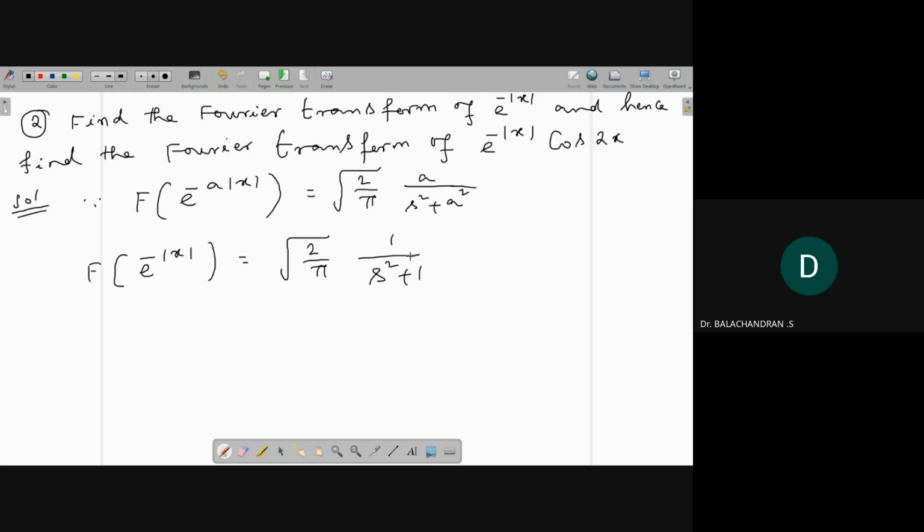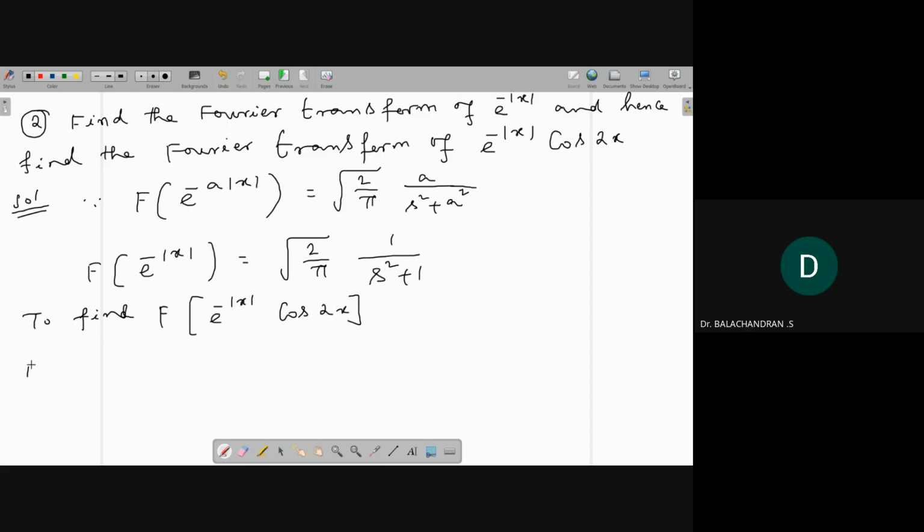Now we should find the Fourier transform of e power minus mod x into cos 2x. For this, we again need to apply the properties we discussed in the first class, that is the modulation theorem.